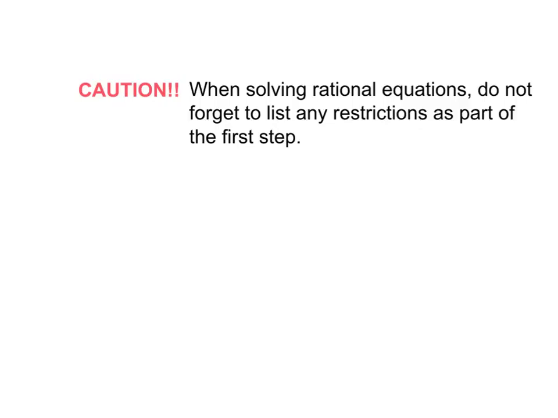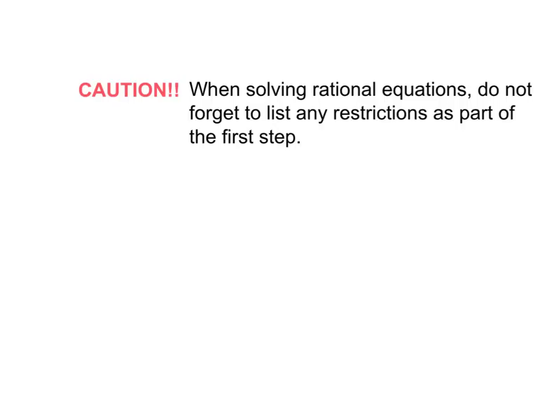So at the very beginning, what you need to do is check all your denominators, and if there's a variable in there, you take that denominator and set it equal to 0 and solve just a little simple equation. The solutions to these little equations are what your variable is not allowed to be, because what you're doing there is finding what values, when you plug them into your equation, would give you a 0 in the denominator.